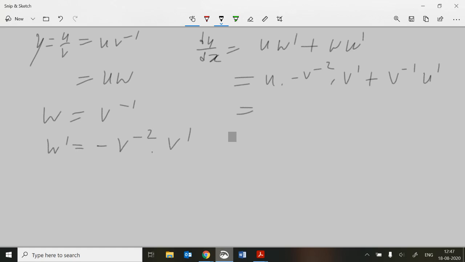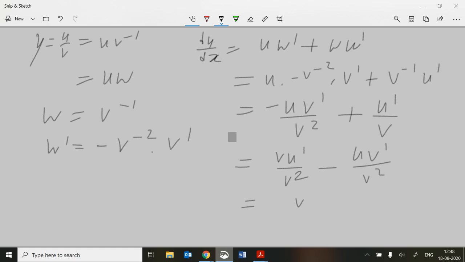So we're now saying, let's write this without negative indices. So this is u v dash with v squared on the bottom, minus, and then we've got plus u dash over v. Now, if we times the top and the bottom of this by v, we're getting v u dash over v squared, and then minus u v dash over v squared.